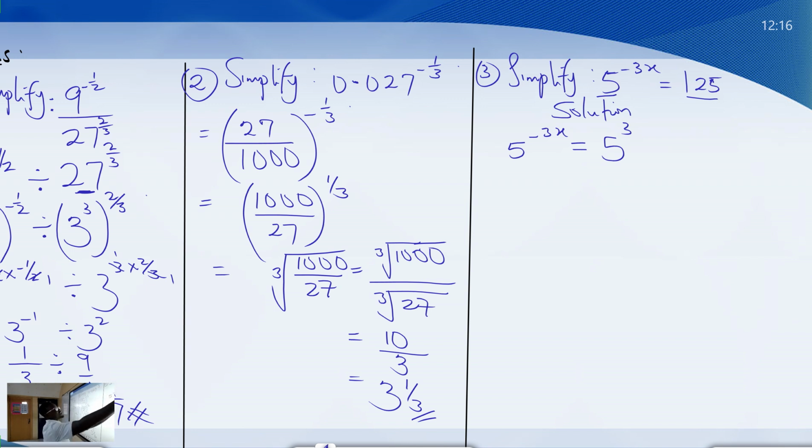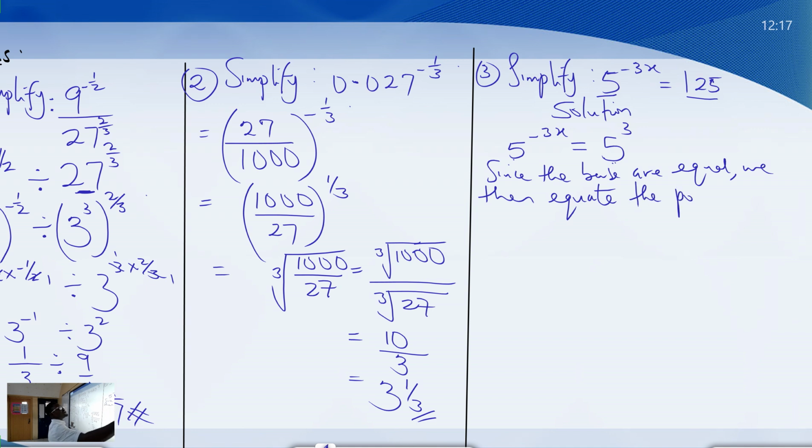Because 5 times 5 times 5 will give you 125. So you can replace 125 by 5 raised to power 3 so that we have the same base. So once the two bases are equal, then they can cancel out because it means that the powers are also equal. So since the bases are equal, we then equate the powers.